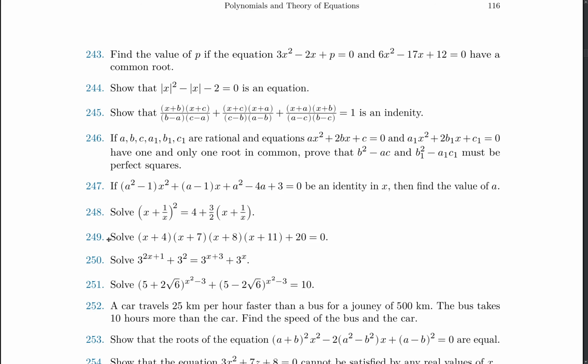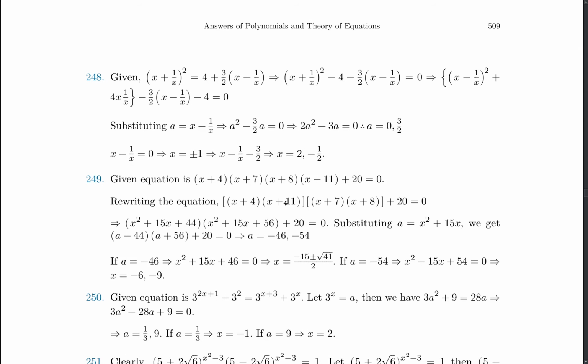Now question 249 says that solve x plus 4 into x plus 7 into x plus 8 into x plus 11 plus 20 is equal to 0. So we multiply x plus 4 with x plus 11 and x plus 7 with x plus 8. We get x square plus 15x plus 44 and x square plus 15x plus 56. We substitute x square plus 15x is equal to a. We get a plus 44 into a plus 56 plus 20 is equal to 0.